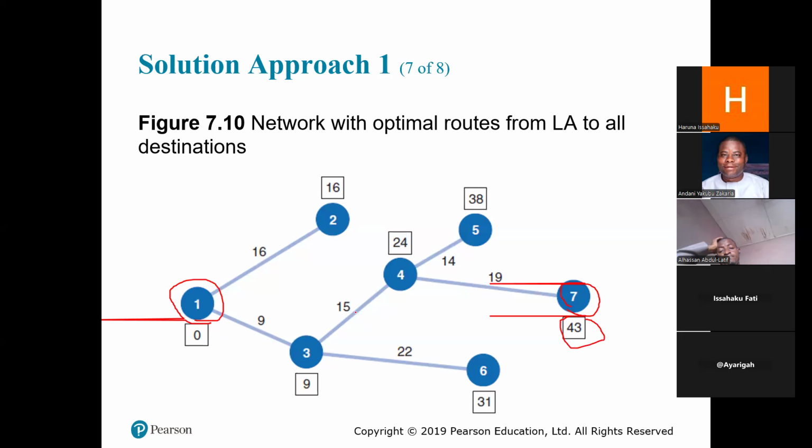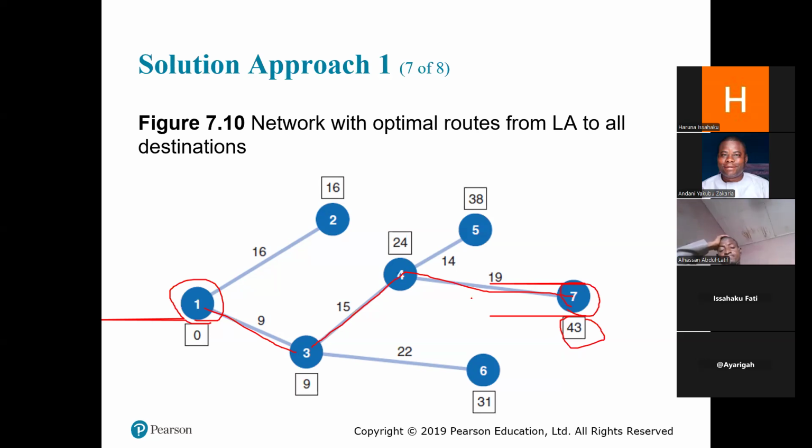And that will be by moving from 1 to 3 to 4 and then to 7. If we don't use this particular route and we use any other route in the network, the time will be more than 43. That's basically what we are saying.